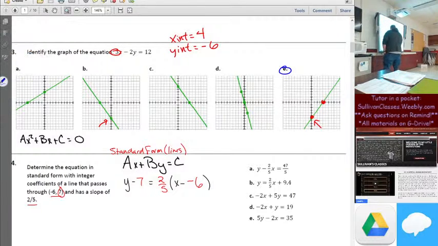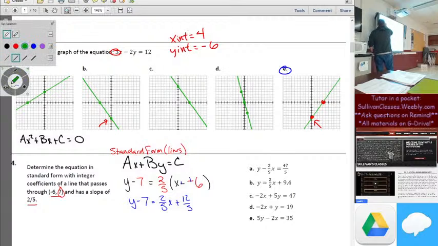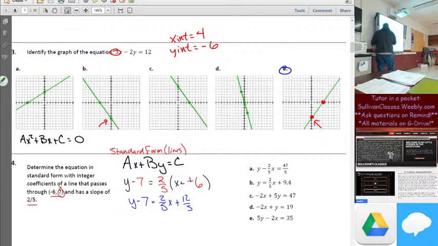So we're going to disturb it. Let's add the opposite, so that's +6, 12/5. I'm going to add 7, which is really 35/5.